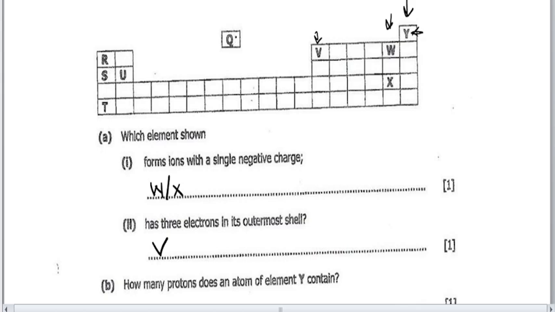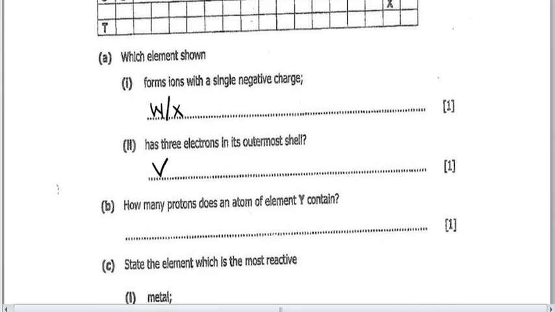Then Q is hydrogen by just looking at them. They are the only elements in the first period, hydrogen and helium. Helium has atomic number 2, so it has got 2 protons. So the number of protons for helium is 2.